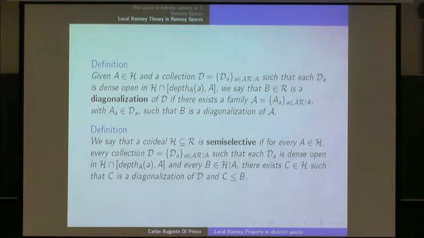And the notion of semi-selectivity is now defined in terms of diagonalizations of families of dense subsets of the coideal H. So the definition is similar to the previous one, and we say that a coideal H contained in R is semi-selective if given any family of dense sets indexed by approximations coming from an element A of H, such that each element of this family is dense open in H relativized to the set A, then below every B in H relativized to A, there exists a C in H which is a diagonalization.